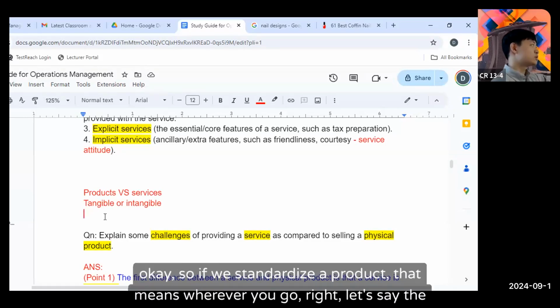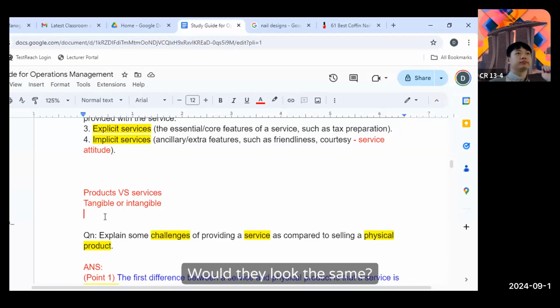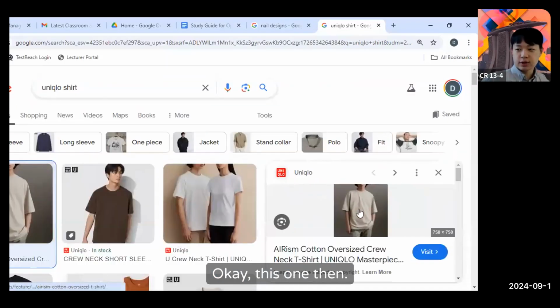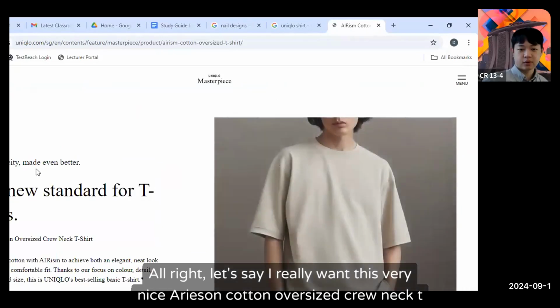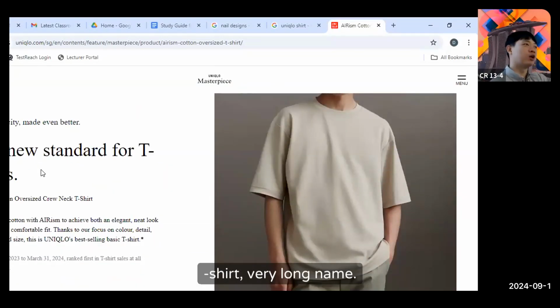So, okay, if we standardize a product, that means wherever you go, right? Let's say the Uniqlo shirt, for example, you are expecting to find the Uniqlo shirt, right? Would they look the same? Let's say I really want this very nice Arism cotton oversized crew neck t-shirt, very long name.